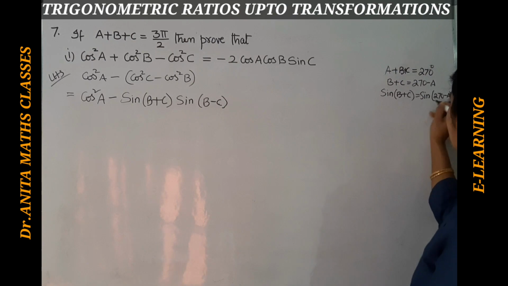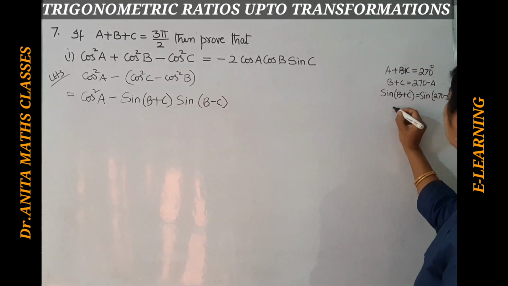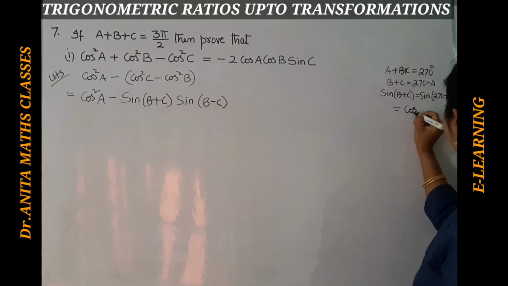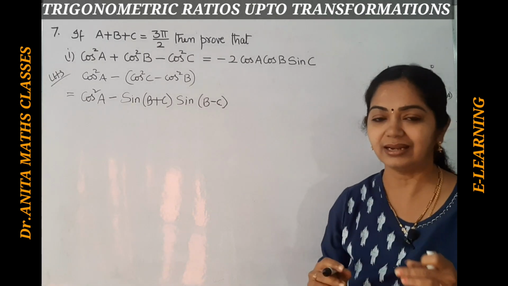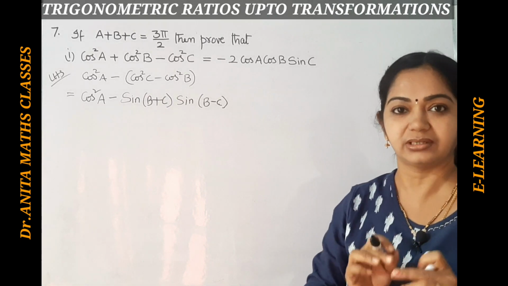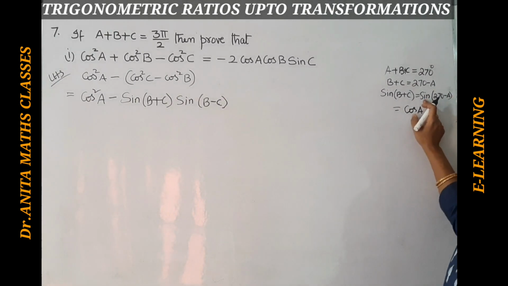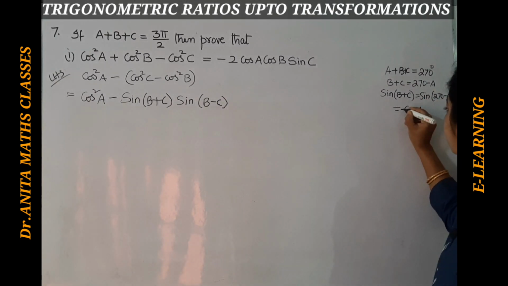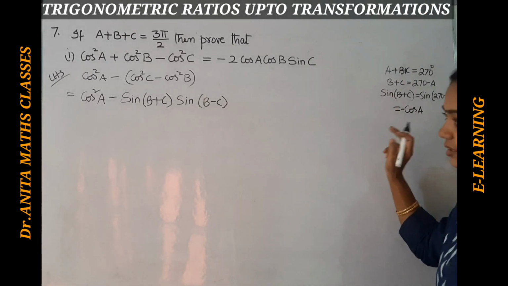When you are taking 270, you have to write the complement, so that is cos a, but 270 minus a lies in the third quadrant. In the third quadrant, sine is negative, only tan and cot are positive. So we have to take minus. So sine of b plus c is minus cos a.